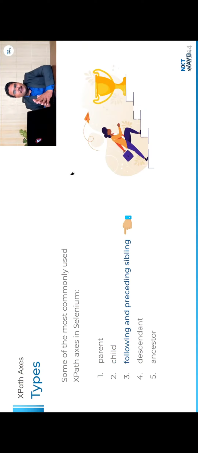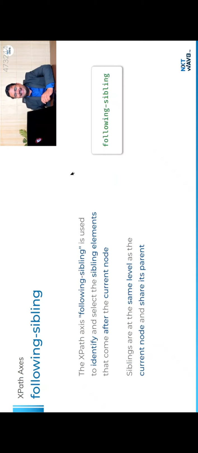Okay, right. So moving on, let's talk about how to locate. So till now we have discussed how to identify or locate the parent and child elements. Let's now talk about how to locate the following and preceding sibling elements altogether. Okay, right. So in the context of XPath Axes, siblings are the elements that are at the same level as the current node and they share a common parent altogether, right?